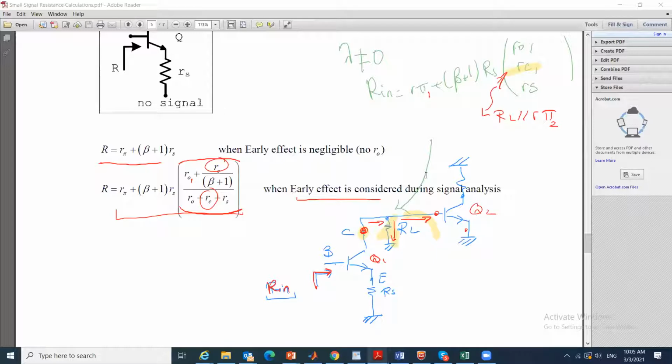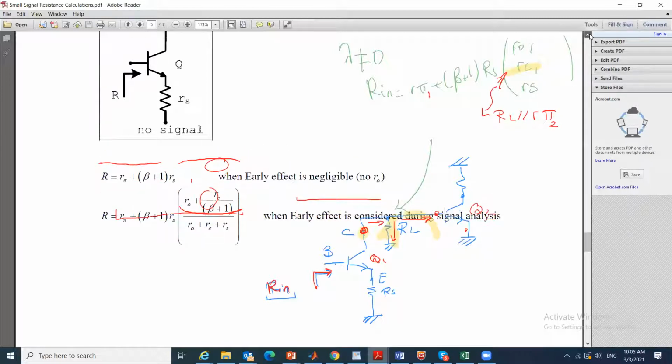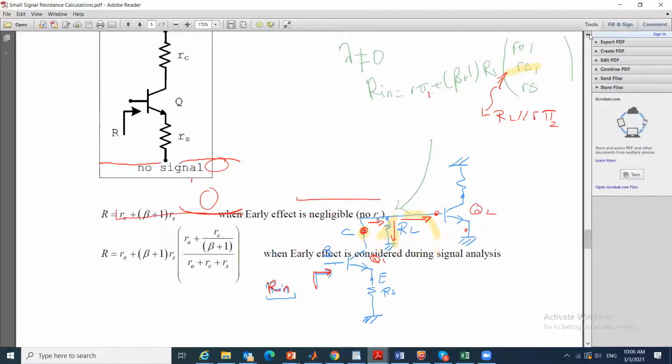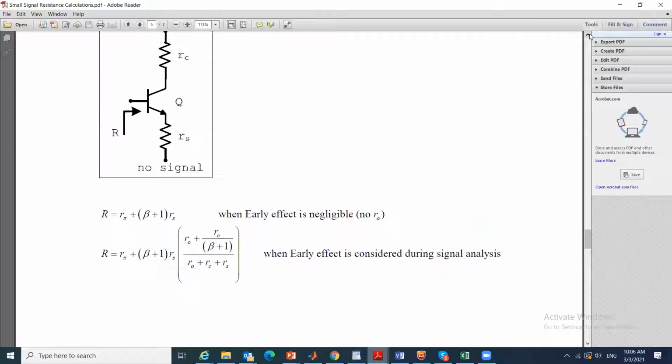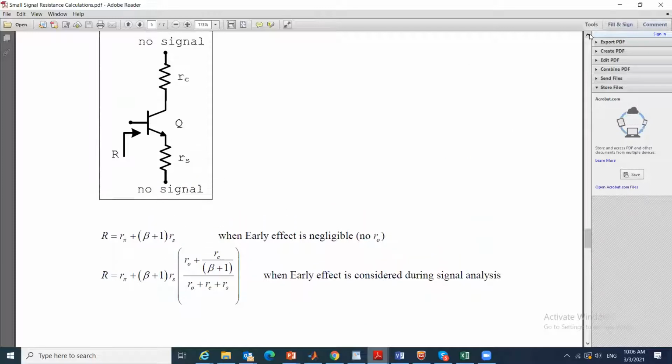So at any node, according to this rule here that we have on this sheet, I'm going to look at the effective resistance at that specific node, which is extrinsic to my circuit. RC is everything that C sees outside the transistor, and RS is everything that E sees outside the transistor. Why?